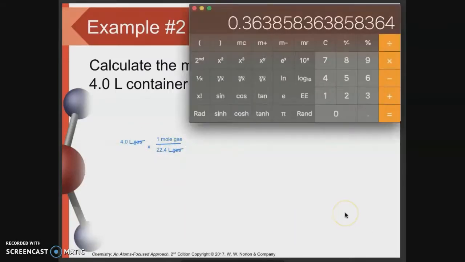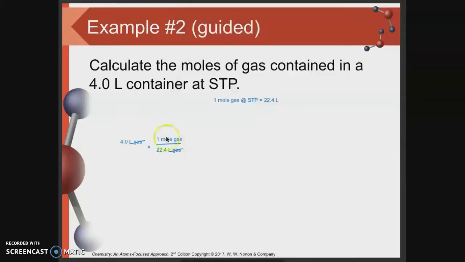All I need to do, 4 divided by 22.4, gives me two significant figures, 0.18 moles of gas. We don't know what the gas is, but it doesn't matter because, again, the beauty of Avogadro's law says that this relationship holds for any gas so long as that gas is at standard temperature and pressure.